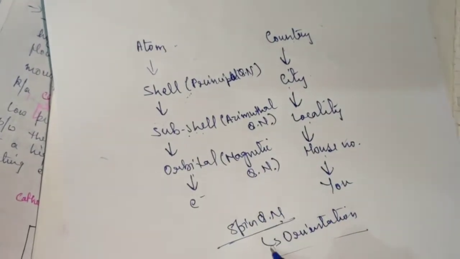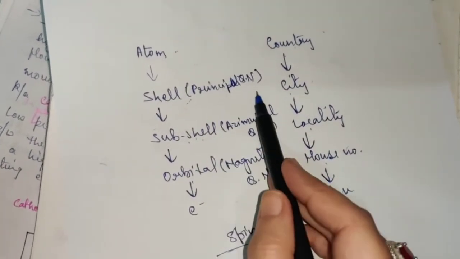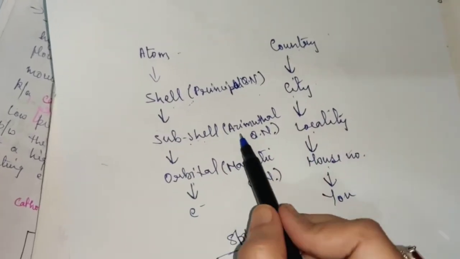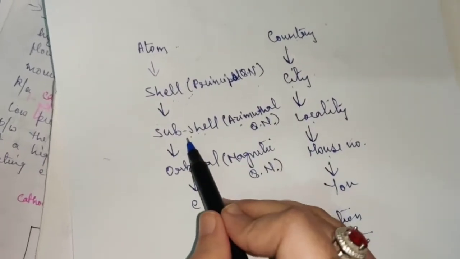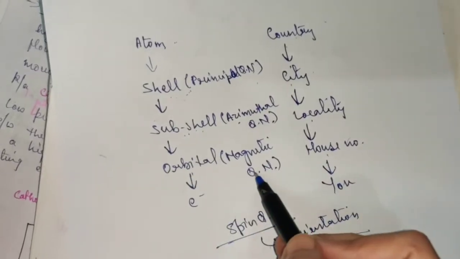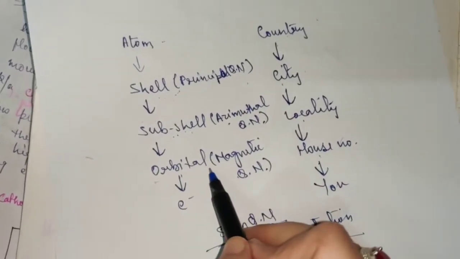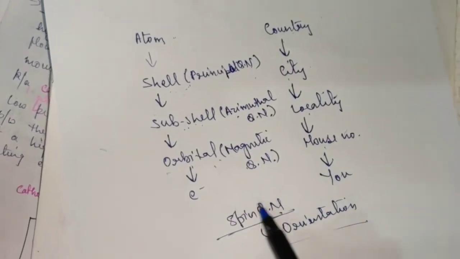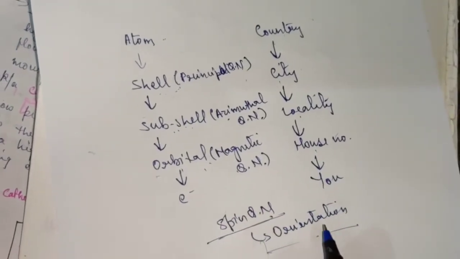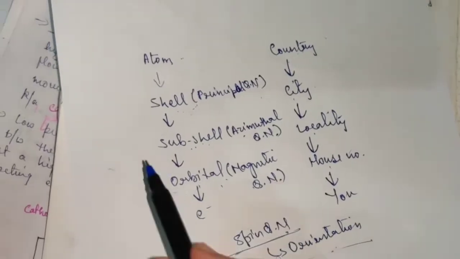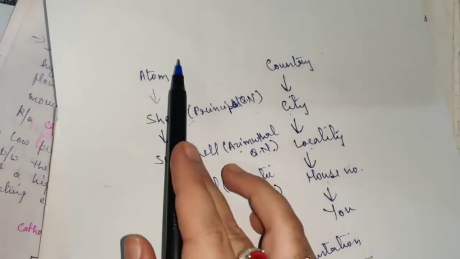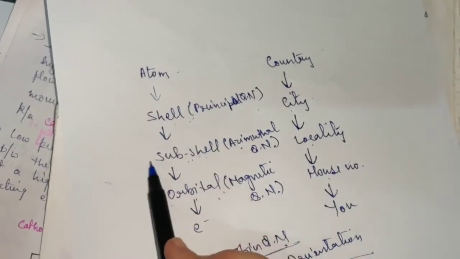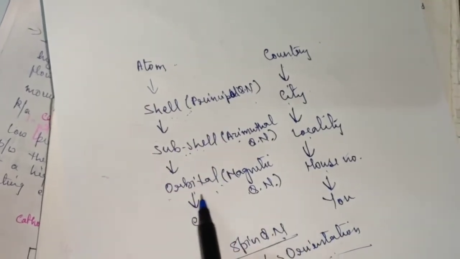So there are four quantum numbers basically. The principal quantum number tells us about the shell in which the electron is present. The azimuthal quantum number tells us about the subshell. Magnetic quantum number tells us about the orbital. And the spin quantum number tells us about the orientation. You can also understand it like this: suppose this is the city, this is your house, these are the rooms, and this is your furniture.